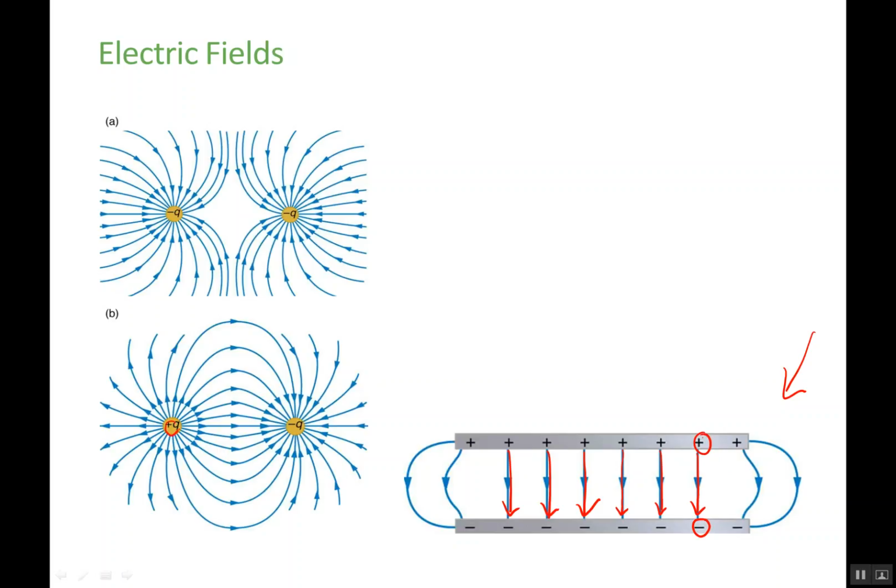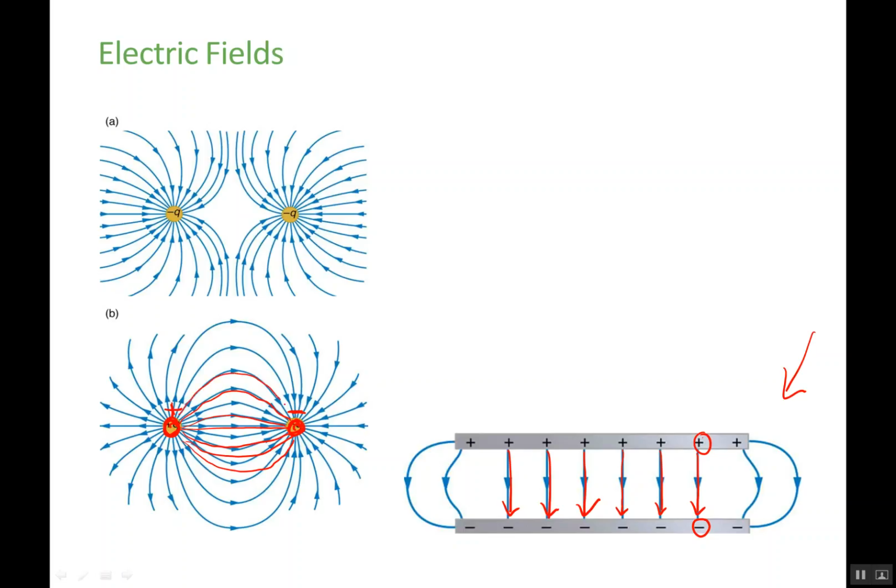Over here we have a distribution of charge referred to as a dipole, where we have a positive point charge and a negative point charge. If you drew the vector field surrounding these point charges and then connected the little arrows for the vector direction of the electric field at every point in space, what you'd find are electric field lines that curve around and connect from positive to negative, like so.